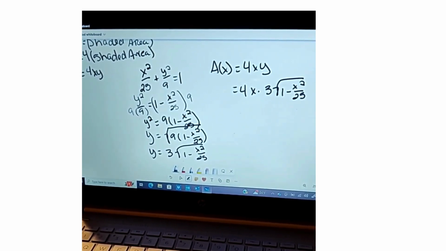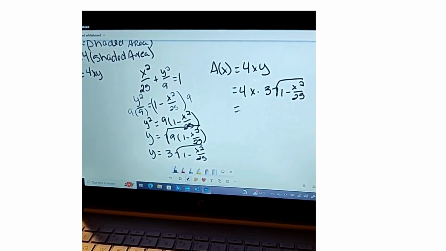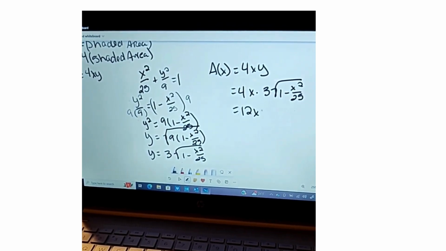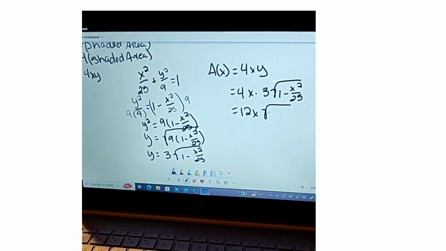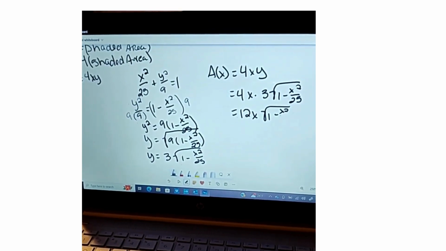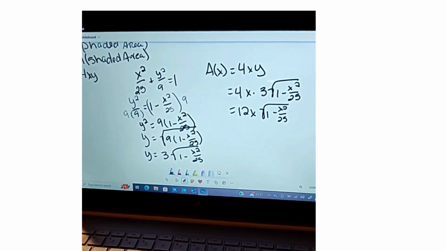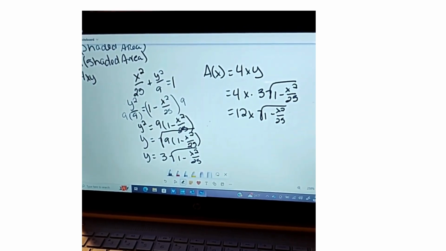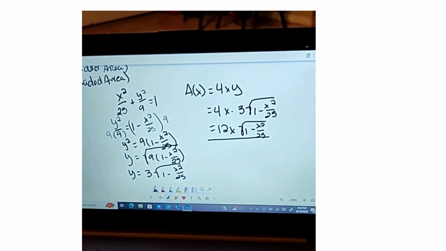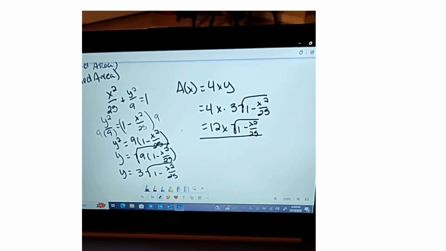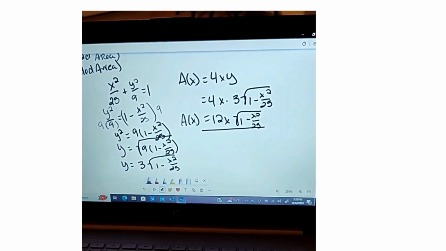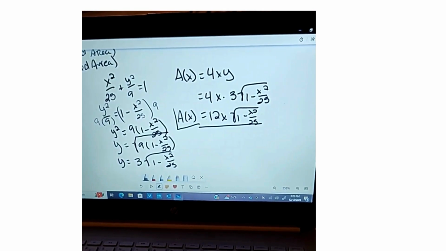And we're going to get 12x square root of 1 minus x squared over 25. And that is going to be our area. So that is our answer for part 2, right there.